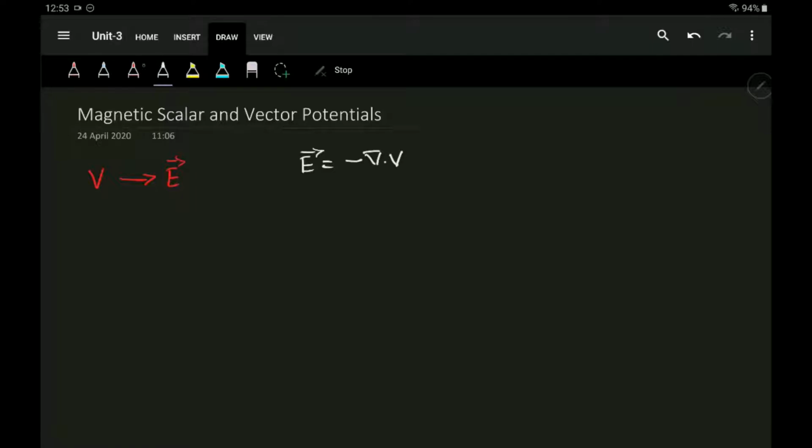In the same way, in magnetism, there are two types of potentials. One is scalar potential, the other one is vector potential.